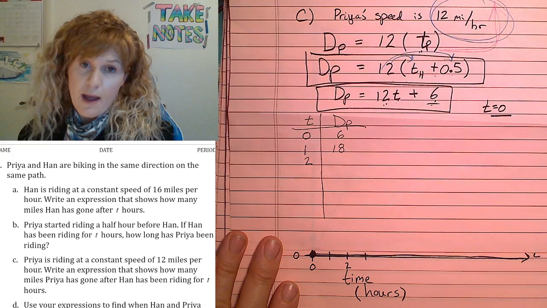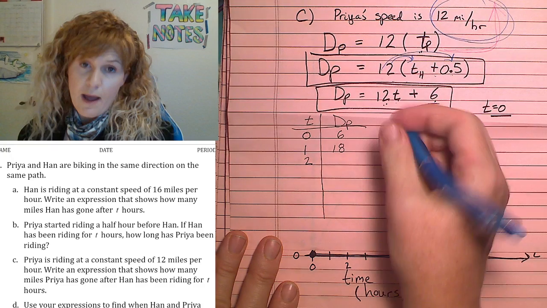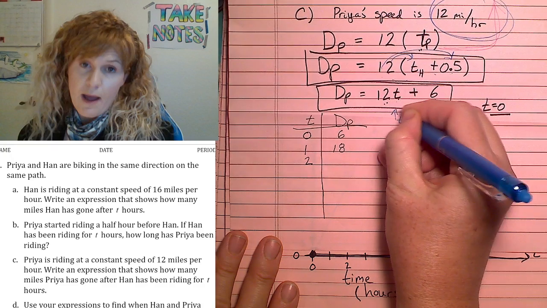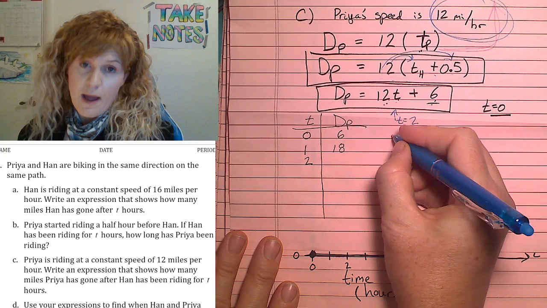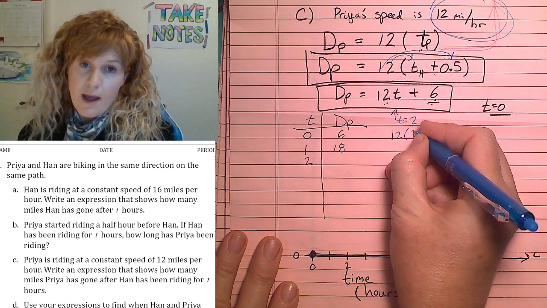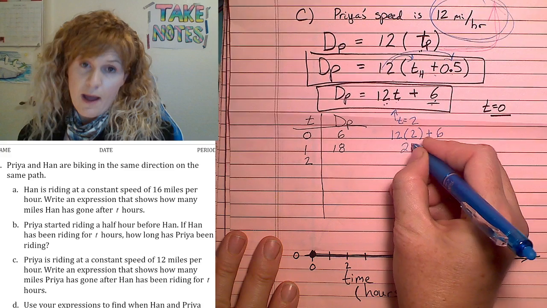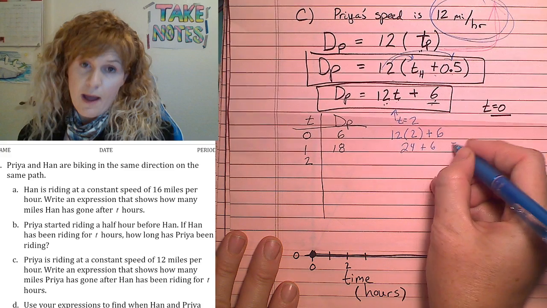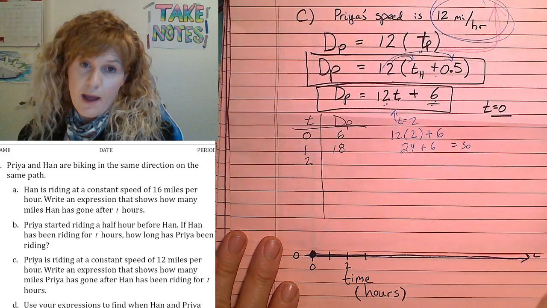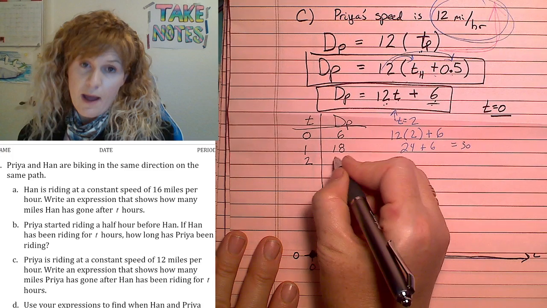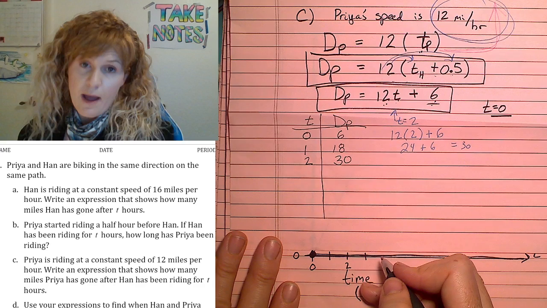After 2 hours, put in t equals 2, and you get 12 times 2 plus 6 equals 24 plus 6, and that equals 30. So after 2 hours, Priya has biked 30 miles.